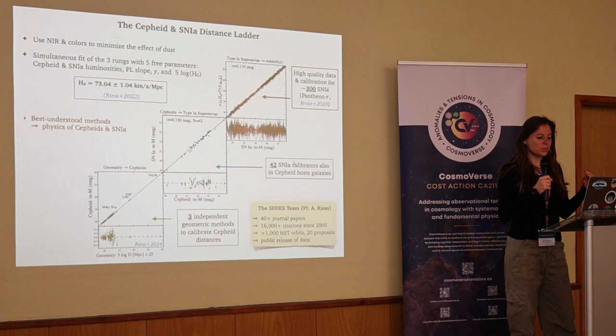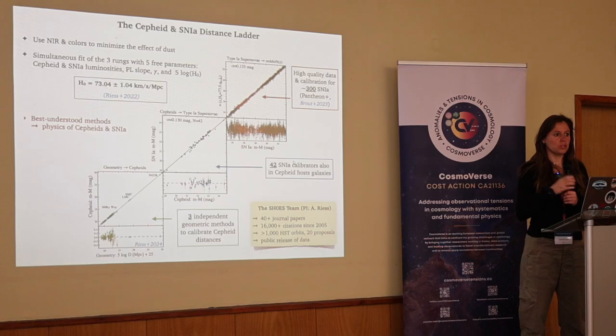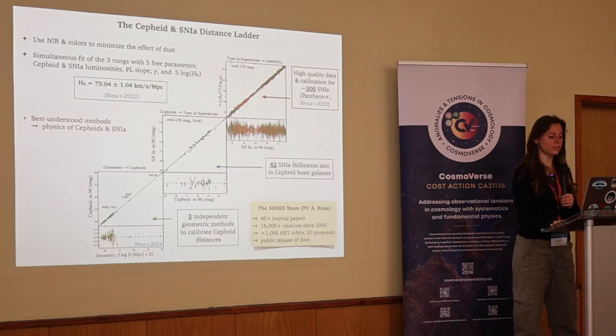So why do we talk about this distance ladder from Cepheid and supernovae so much? Because it's been so far the best that we could do. It's been the most precise. Why? Because Cepheids and supernovae have the best understood physics. We know exactly how they work from the physics point of view compared to other methods.